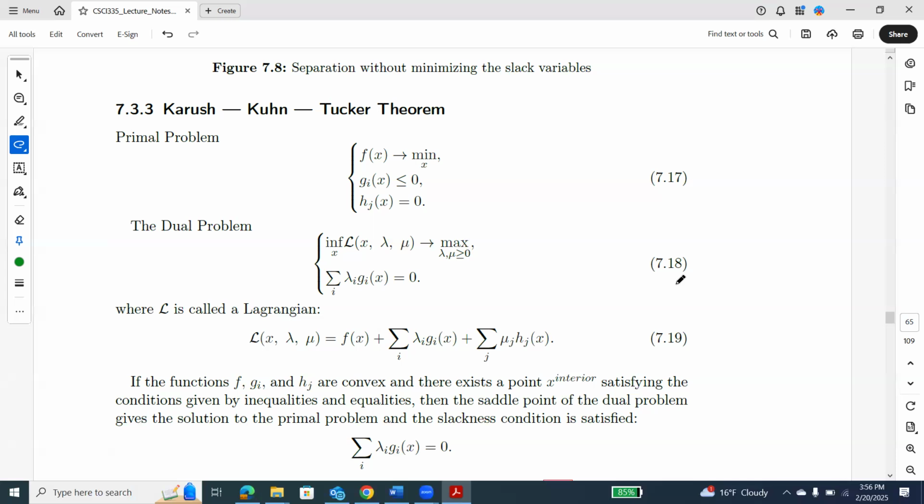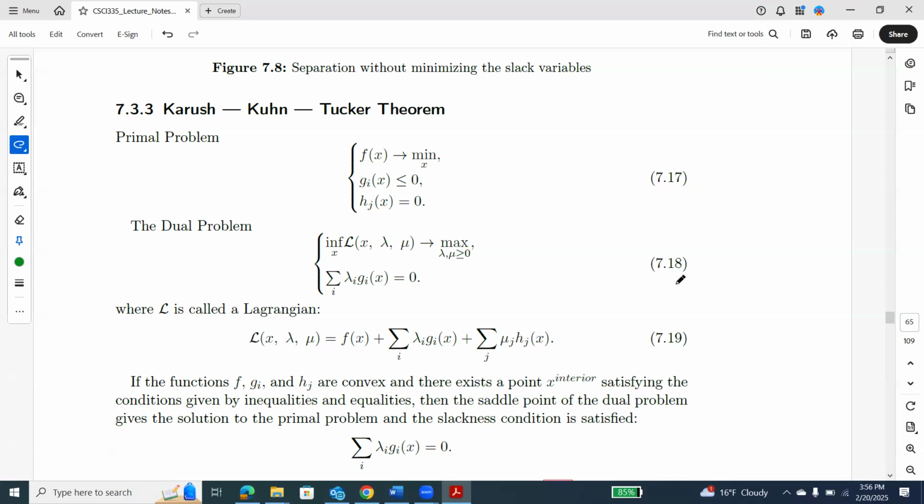When you minimize with respect to x, you will get a function only of lambda and mu, because x will be optimal. After that, you will maximize this function. It's called a saddle point, minimize then maximize. You will just maximize this function, but in the new variables.